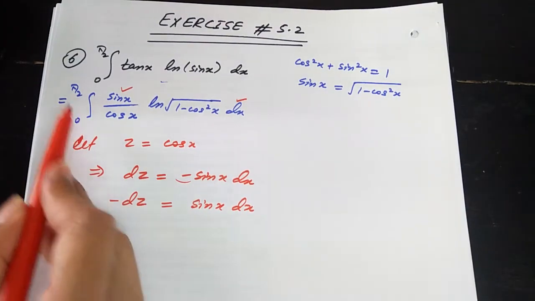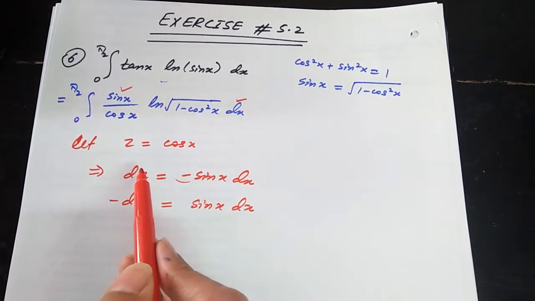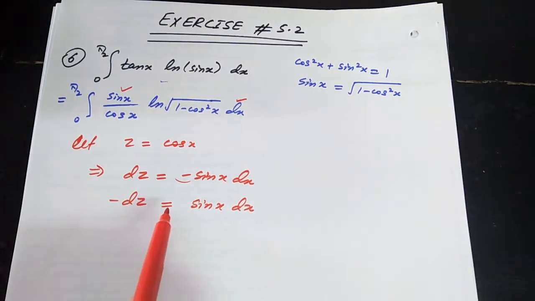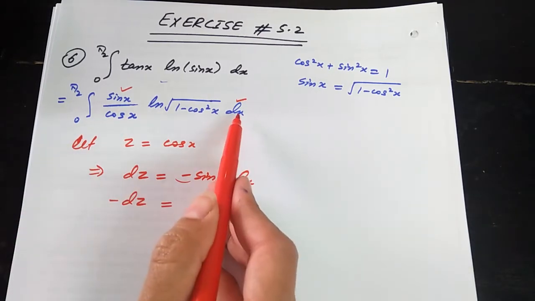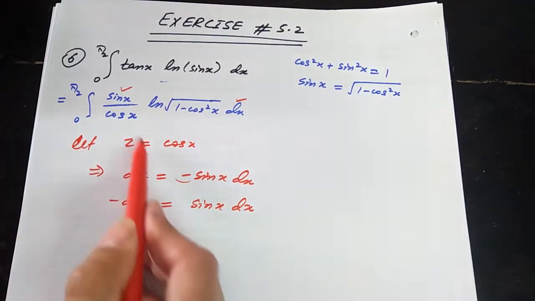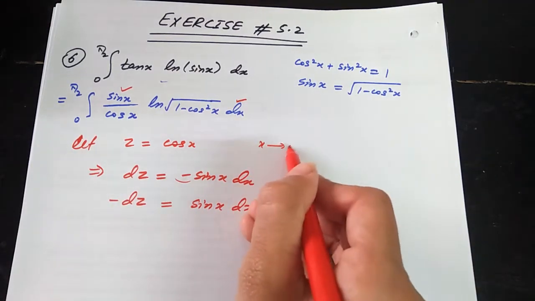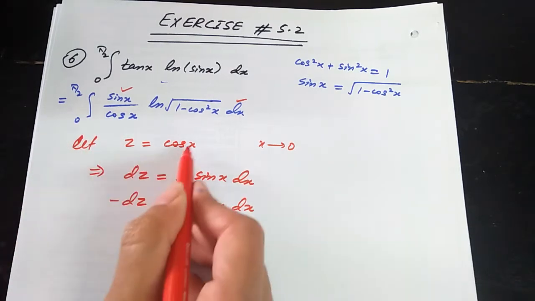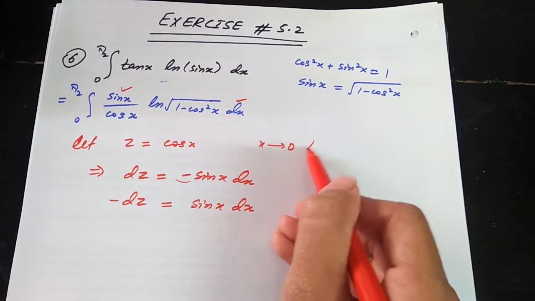We know that we have some limits of integration here. If we are substituting some other function, we need to convert this limit of integration into that function. The limit is on x, but now we are converting our function into z. So when x approaches 0, this lower limit, then z will approach 1.